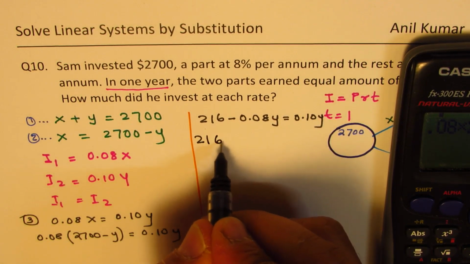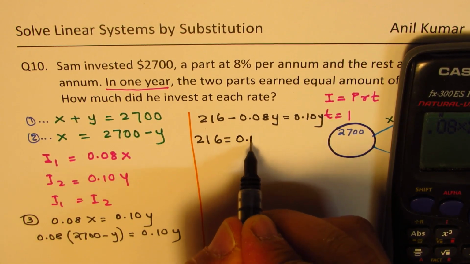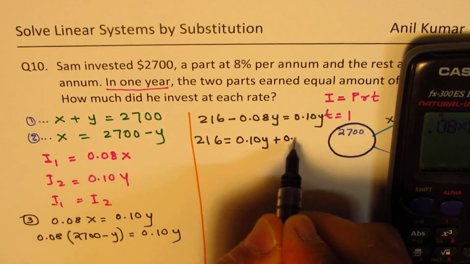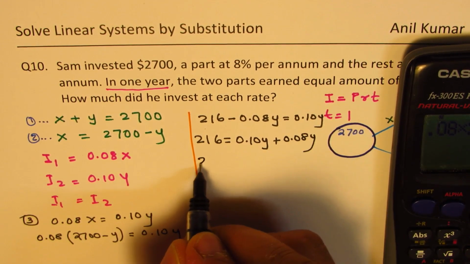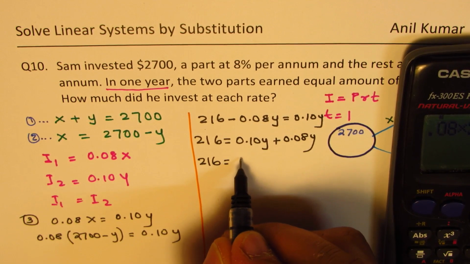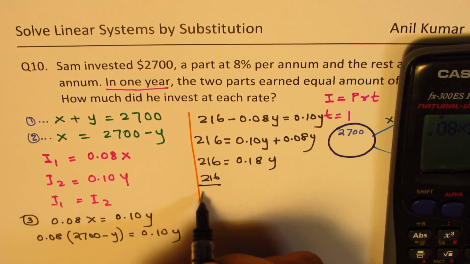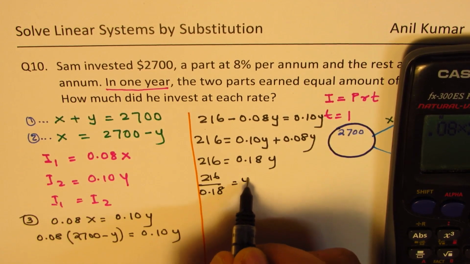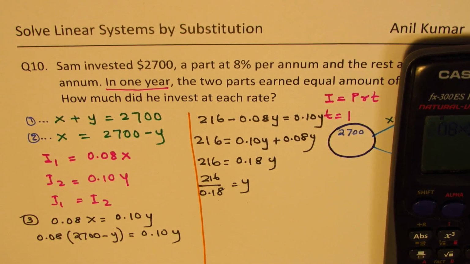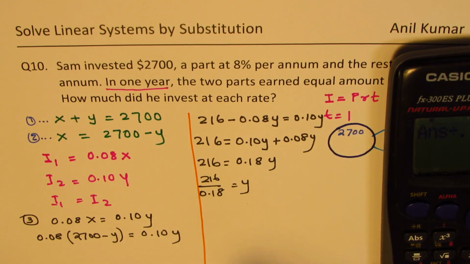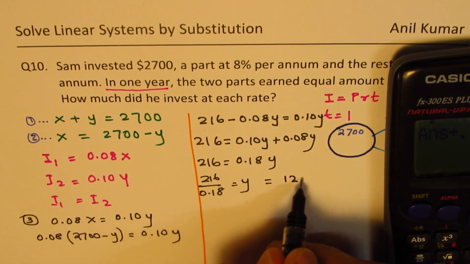We get 216 equals 0.10y plus 0.08y. 216 equals 0.18y, or 216 divided by 0.18 is the value of y. So we'll divide 216 by 0.18. That gives you 1200. So y equals 1200.